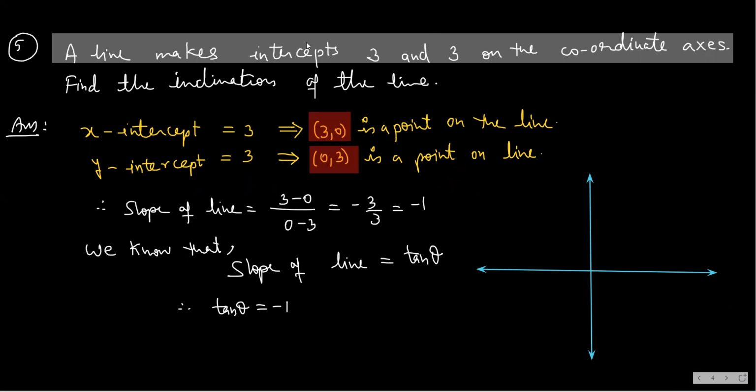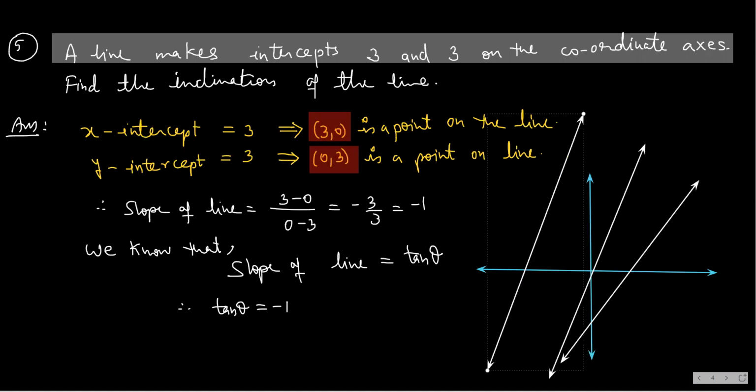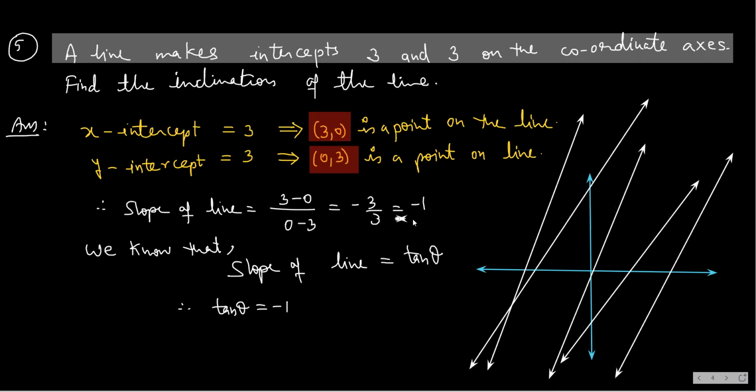So now I understand that in this case, the line is not like this. All such lines have positive inclination lesser than 90.